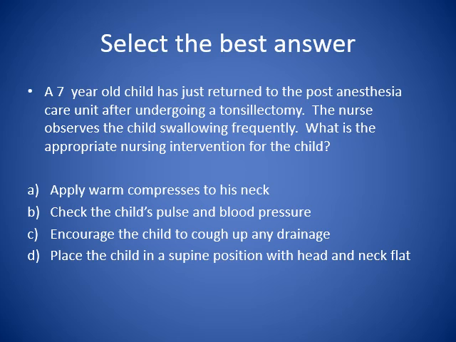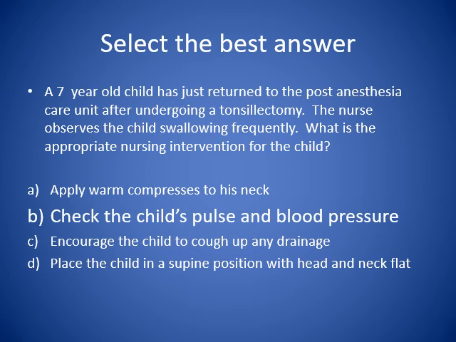C. Encourage the child to cough up any drainage. Or D. Place the child supine with his head and neck flat. B. Check the child's pulse and blood pressure is correct. A child swallowing frequently post-op tonsillectomy might indicate a hemorrhage. And so if you're hemorrhaging, you're going to notice changes in your vital signs.